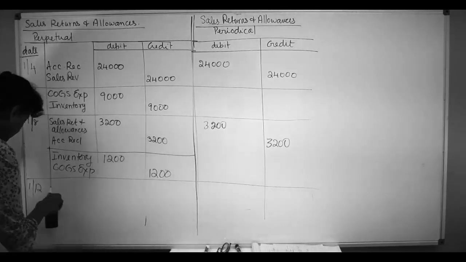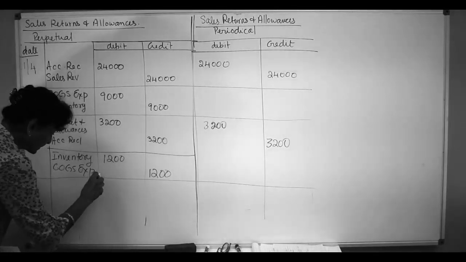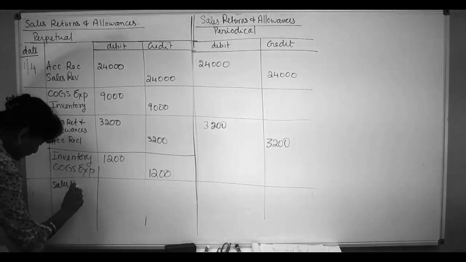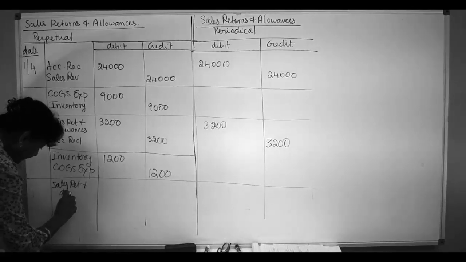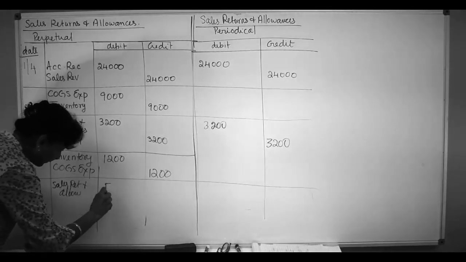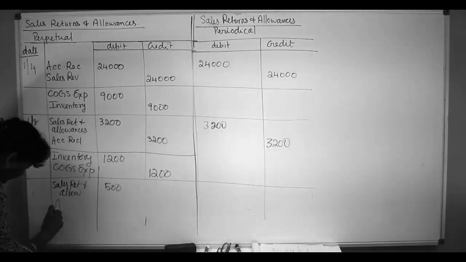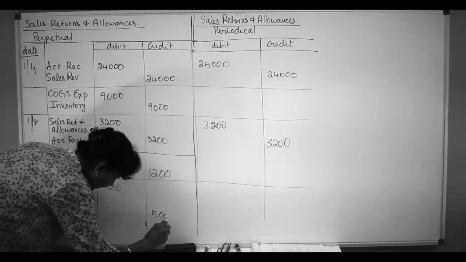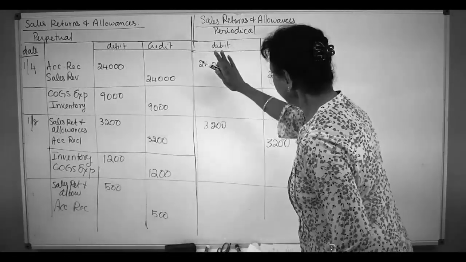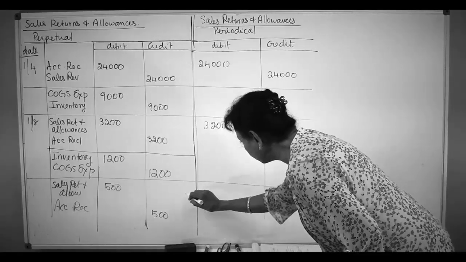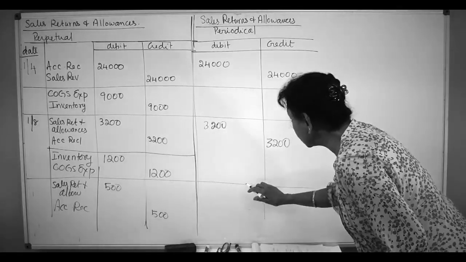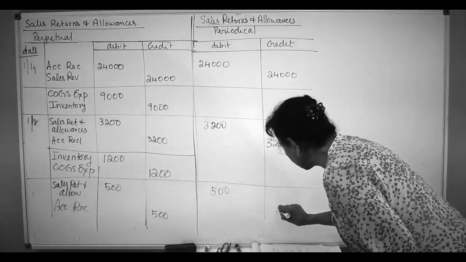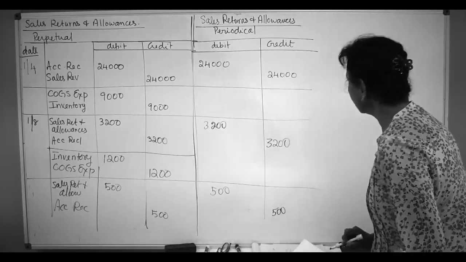So here, you debit again sales returns and allowances for 500 and you credit accounts receivable for 500 and you do the same for the periodical too. So you debit sales returns and allowances 500 and you will credit accounts receivable 500.